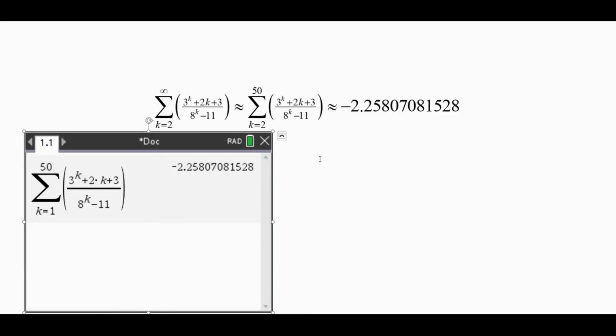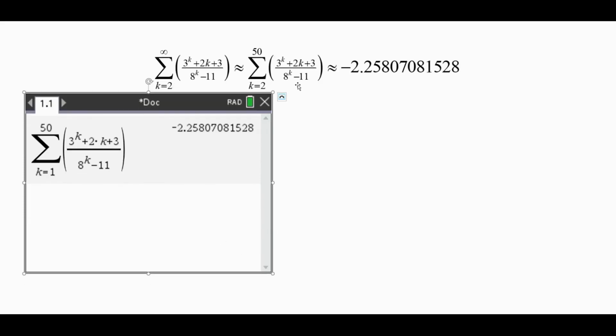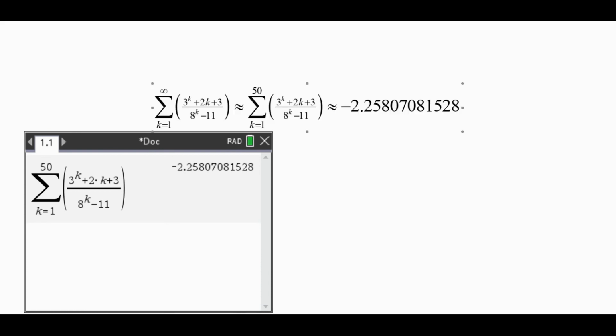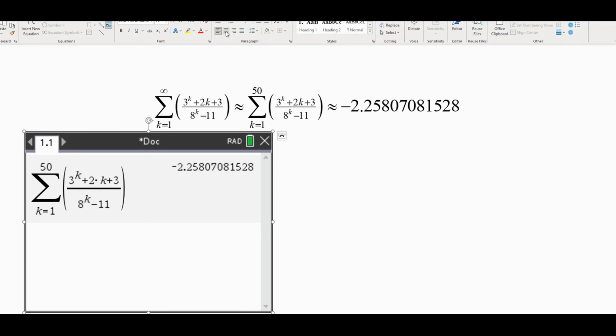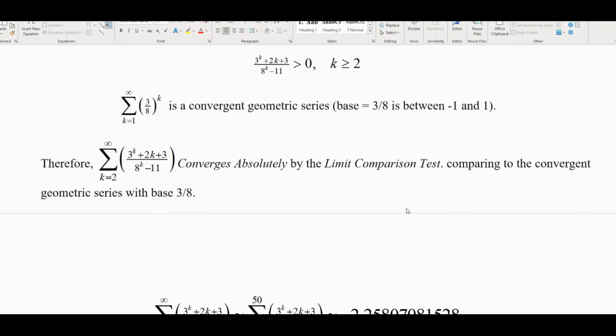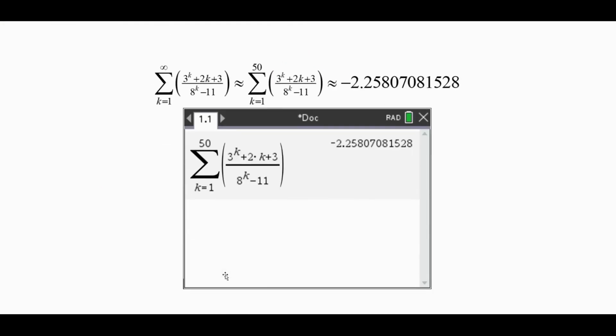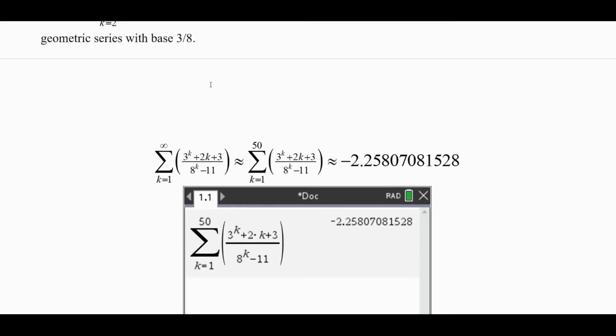So I did sum it from actually 1 to infinity. Well, 1 to 50. Okay, there we go. Okay, so there's that one.